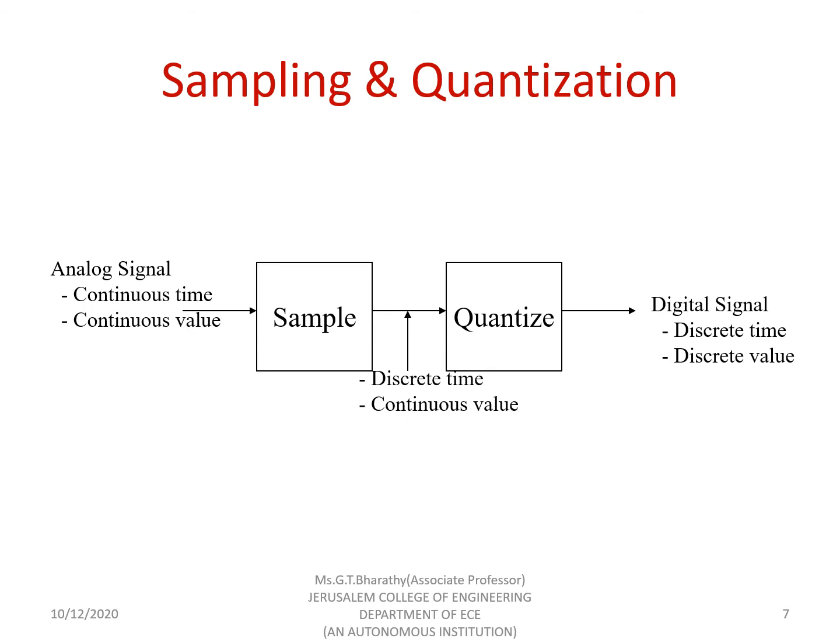Once the signal is quantized, the output becomes digital, where the signal is discrete in time as well as amplitude. So before sampling, both time and value are continuous. After sampling, time is discrete but amplitude is continuous. After performing quantization, both time and amplitude become discrete.